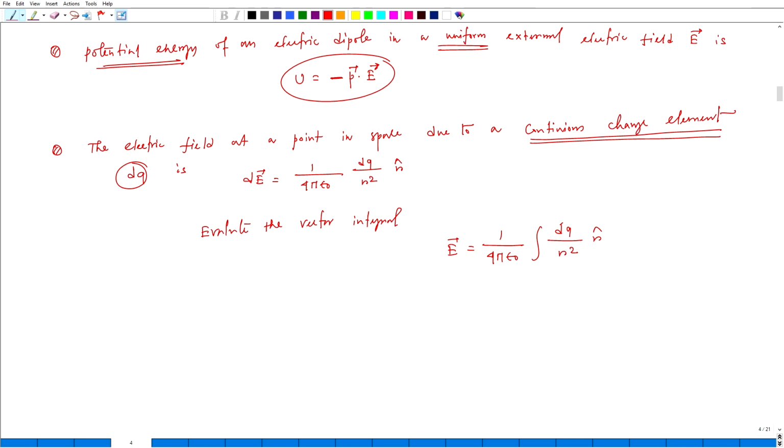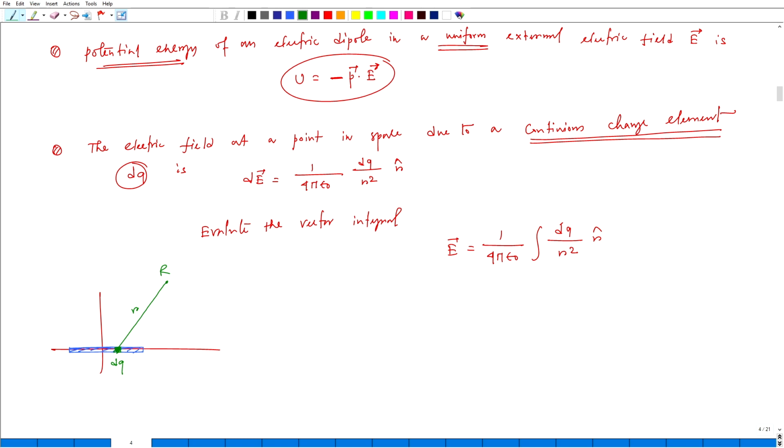If you draw a diagram, let us say we have a line charge distribution. Consider a rod of length L, and first consider a small strip on the rod with charge dq, and calculate the field at a point r at a distance from the small element dq, and then we integrate, because now r is a continuous variable and dq is a continuous variable as well.